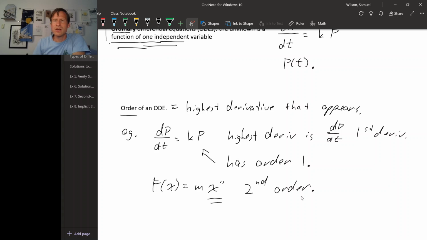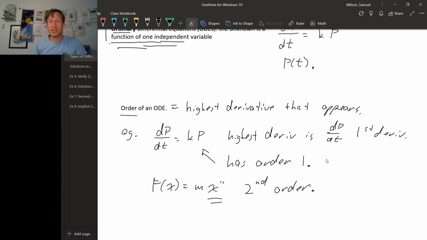We'll see that, at least for the situations we're going to look at, first order and second order equations show up, but higher order than that tend not to. It really depends on the field you're working in, though. So, you know, depending on what you study, you might run into higher order equations.